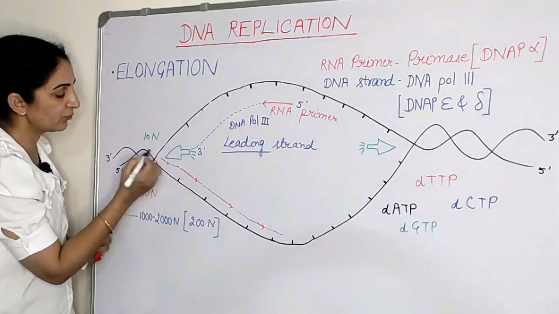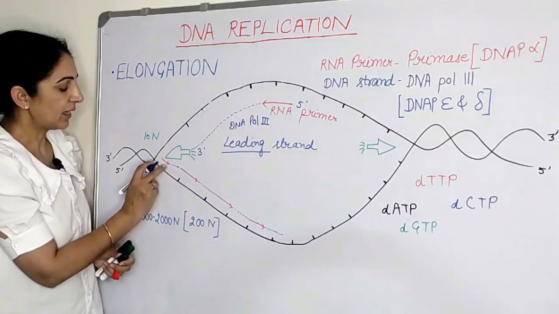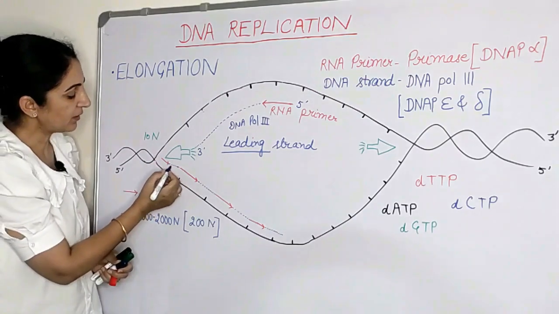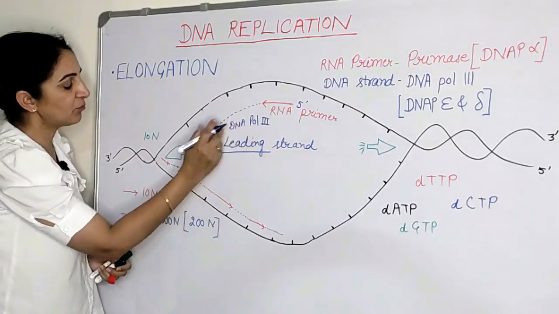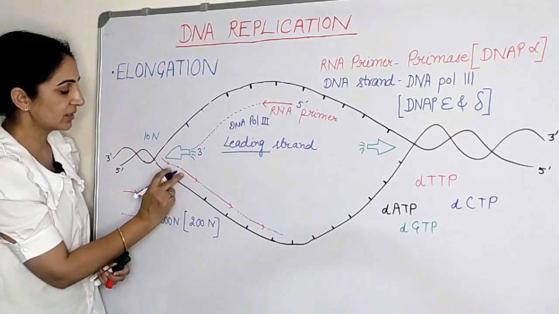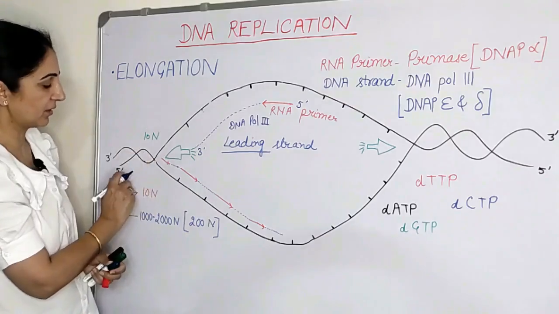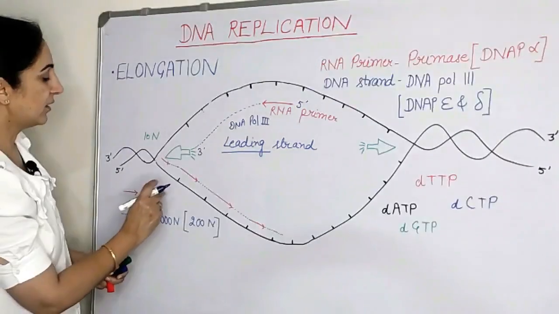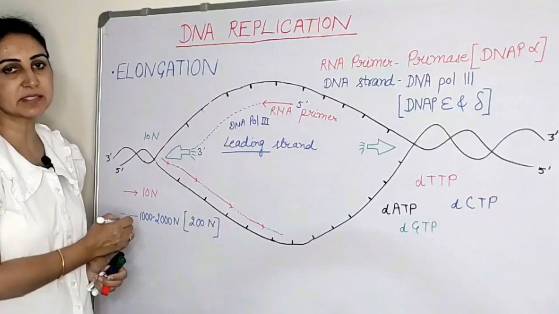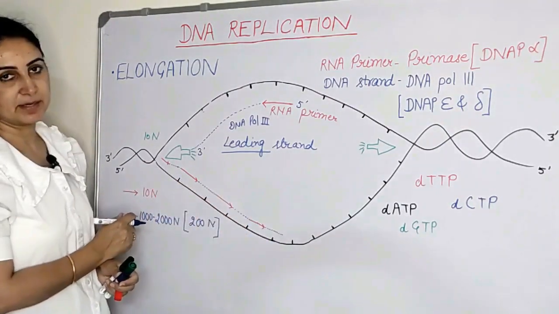Let's see what's the difference. When you are synthesizing this strand, ultimately a time comes when this enzyme DNA polymerase meets the already synthesized RNA primer. So it stops its function here. In this way you synthesize small molecules of DNA strand on the other strand.